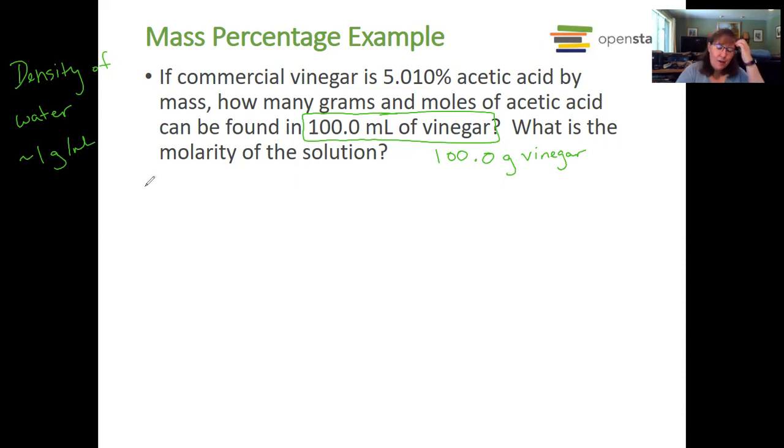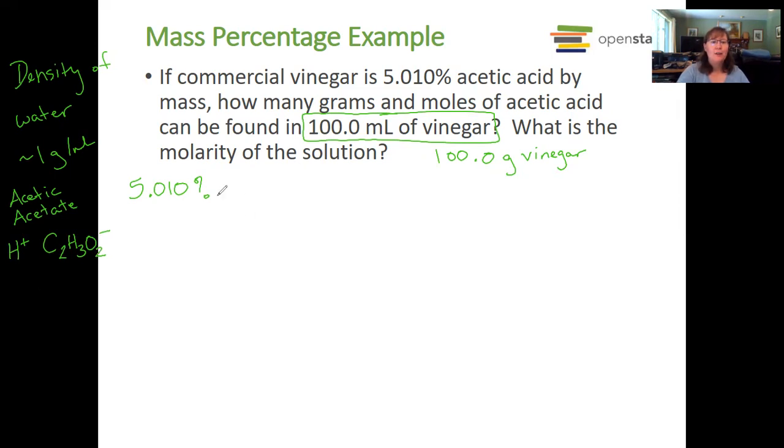Now, if we have 5.010% acetic acid, remember, acetic acid, we have H plus and the acetate ion. So acetic comes from acetate, and the acetate ion is C2H3O2 minus.